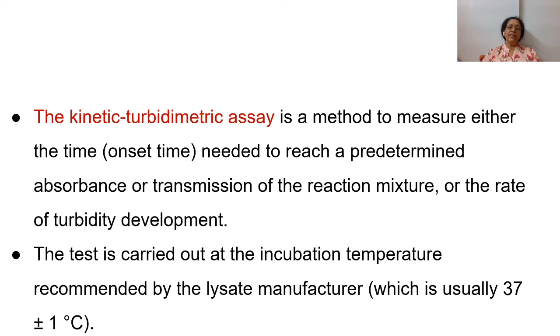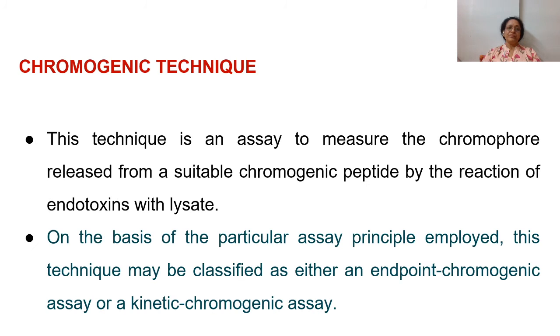While the kinetic turbidometric assay is a method to measure either the onset time needed to reach a predetermined absorbance or transmission of the reaction mixture, or the rate of turbidity development. Here the incubation temperature is usually 37 plus or minus 1 degree Celsius, according to the recommendations of the lysate manufacturer.